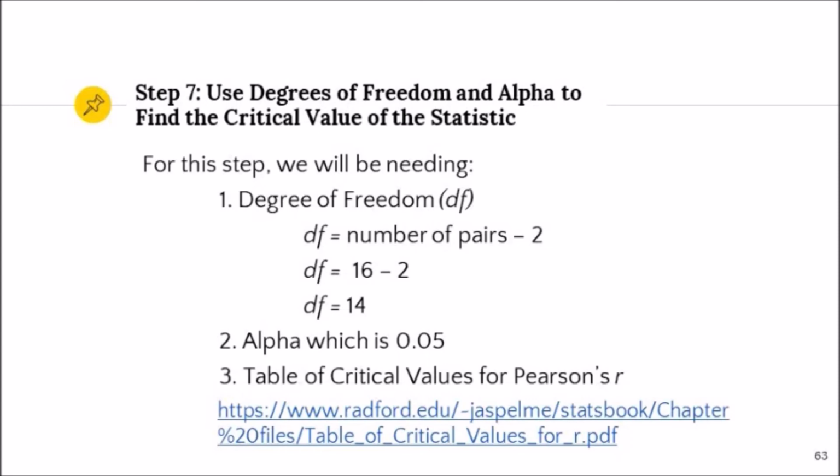That is why the degree of freedom is 14. Alpha is 0.05, as mentioned earlier. Next, we need to look at the table of critical values for Pearson's R. You can see in this slide the website in which we can find the table of critical values.